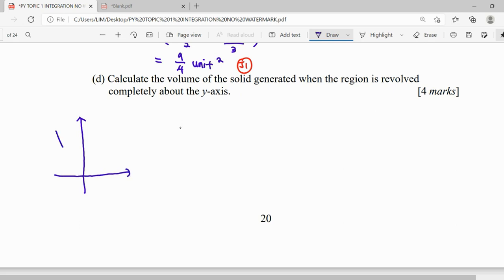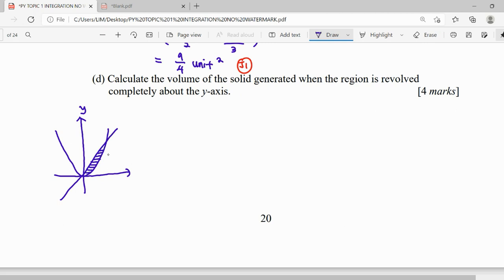So originally, this is our curve, and this is our line. So they want this piece of region and going to rotate about the y-axis so that you can get a piece of solid here.